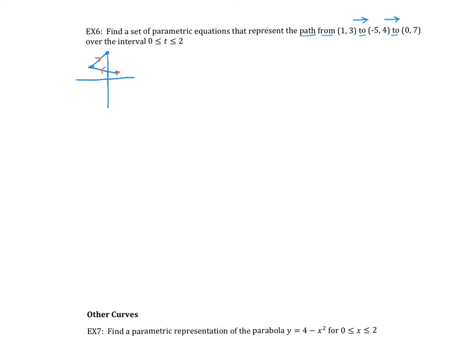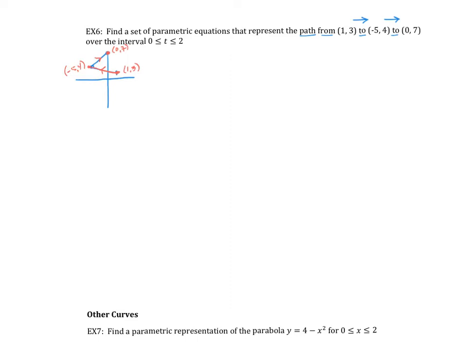So if I start at 1, 3, and then I go to -5, 4, and then 0, 7, that means I'm going to have to describe this first piece with one set of parametric equations, and then we'll consider the other piece in just a bit.